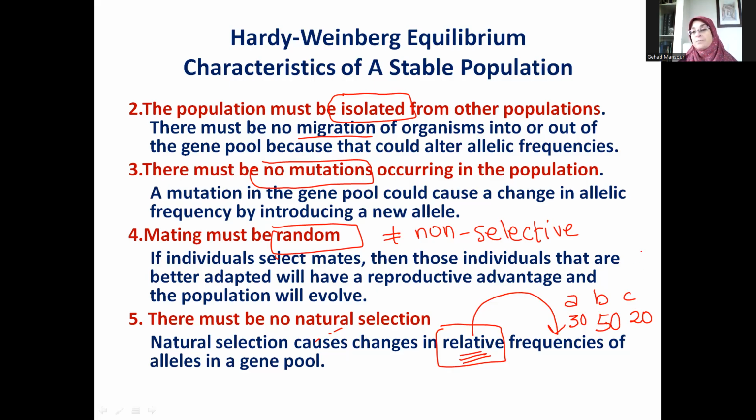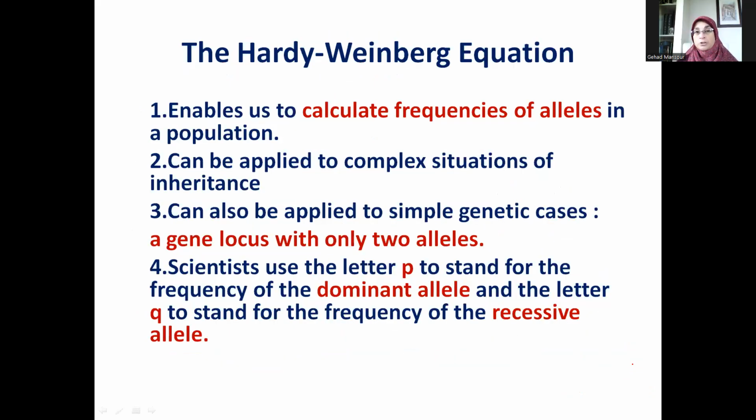Then, for example, if allele C is the most adapted to the environment, then natural selection will make, in the long run, the frequency of allele C 60%, for example, that of allele B 20, and that of allele A 20. So what happened actually is that we did not diminish the number of variants, we did not diminish the alleles. They are still 3 alleles and they are the same, A, B, and C. But what changed is not only their frequency, but their relative frequency, meaning in relation to each other.